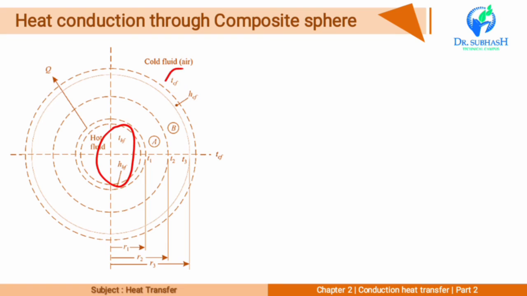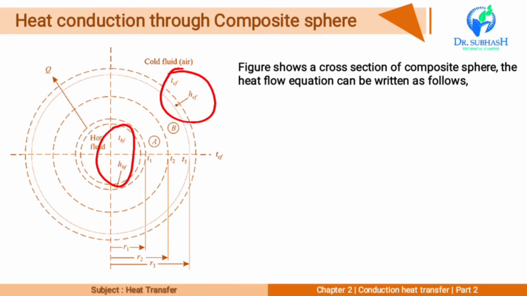The h_cf and T_cf are the convective heat transfer coefficient and temperature of cold fluid. Ka and Kb are the thermal conductivities of material A and B. Aa and Ab are the cross-sectional areas of material A and B.